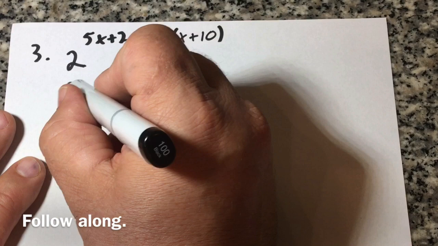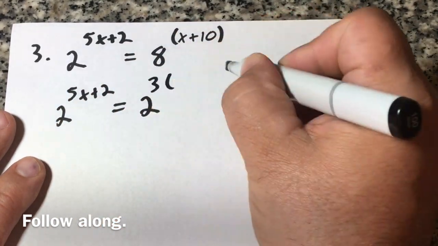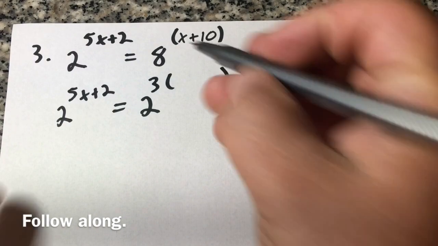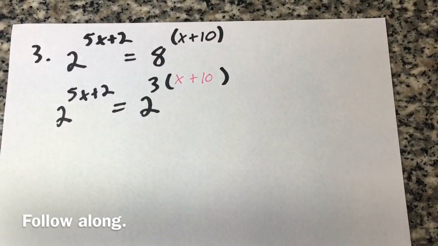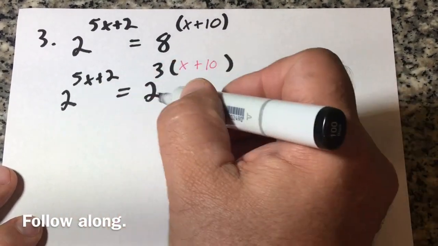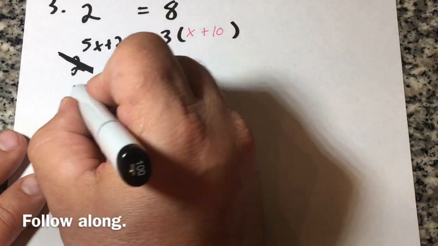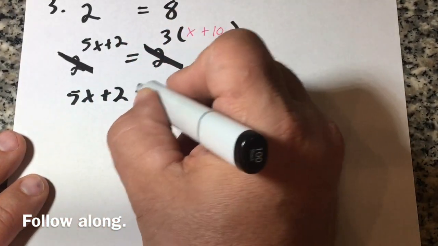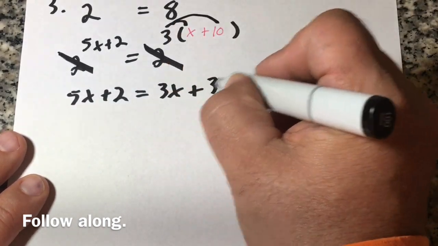So this is going to be 2 to the 5x plus 2 equals 2 cubed. But I have to bring down the x plus 10 in back of the 3 from the 2 cubed. Now, once I have it in that form, notice the 2's are the same base again. I can eliminate the same base, and I can rewrite this as 5x plus 2 equals 3x plus 30.